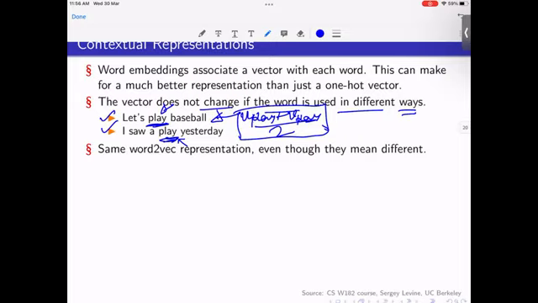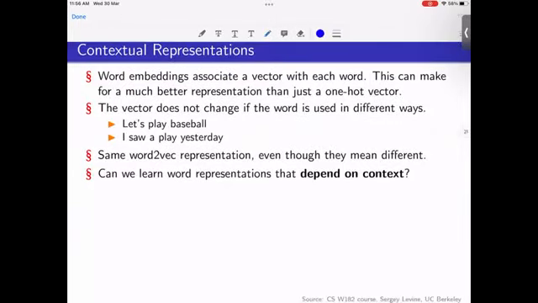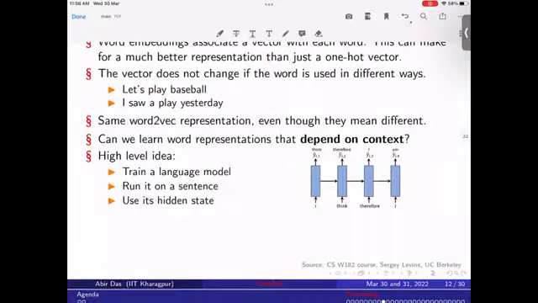So this is the motivation for what is called contextual representations. The same word gets the same representation, even though it may mean different things. Now, can we learn word representations that depend on context? That is, on how you are actually using the word in the sentence. So it should depend on the sentence.